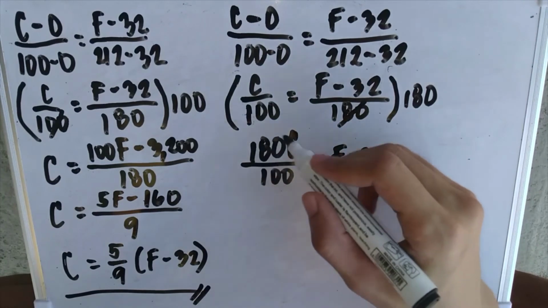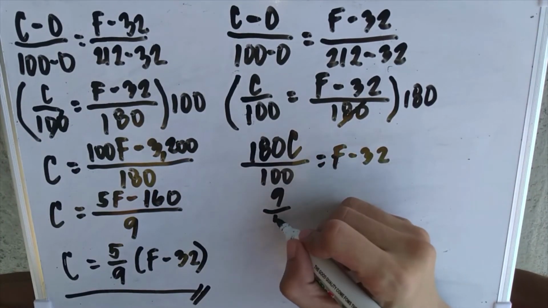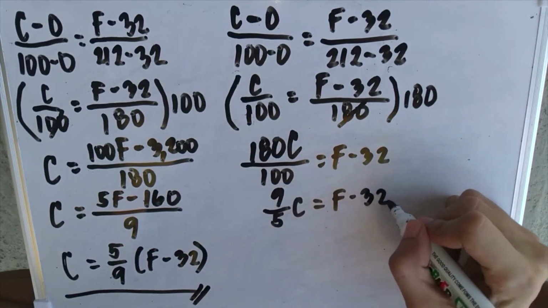Getting the lowest term, by dividing by 20, we can get 9 over 5 C equals F minus 32.